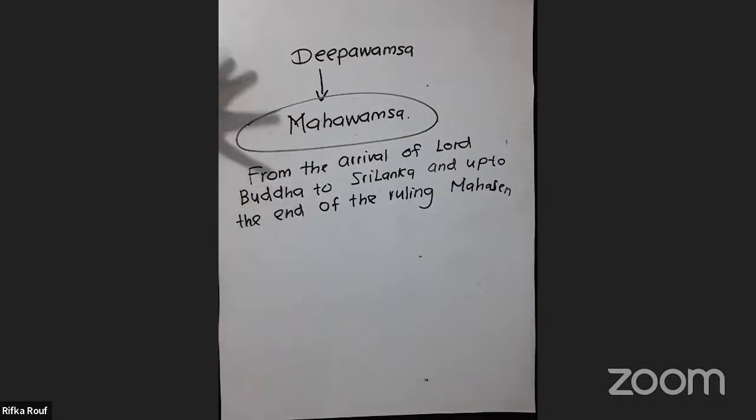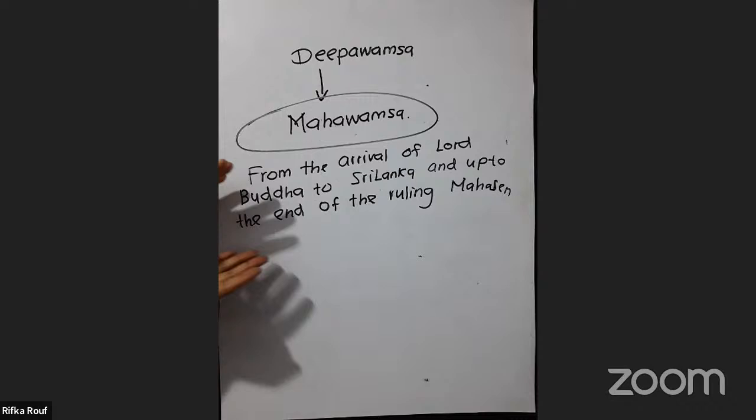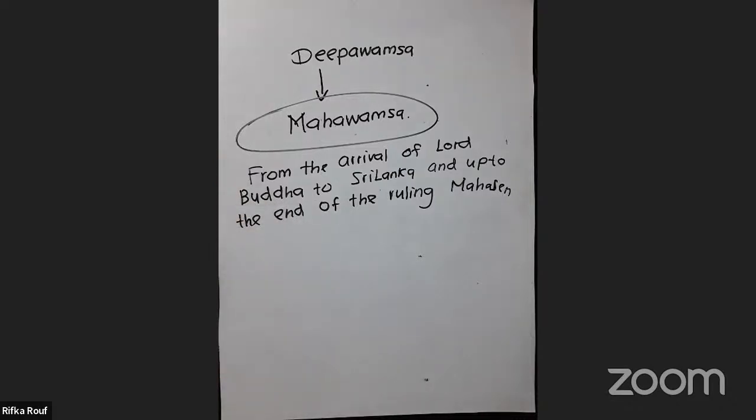Because when comparing to the other texts, Mahavamsa is a text which included the information of Lanka continuously in one text. So that is the specific feature of this Mahavamsa.